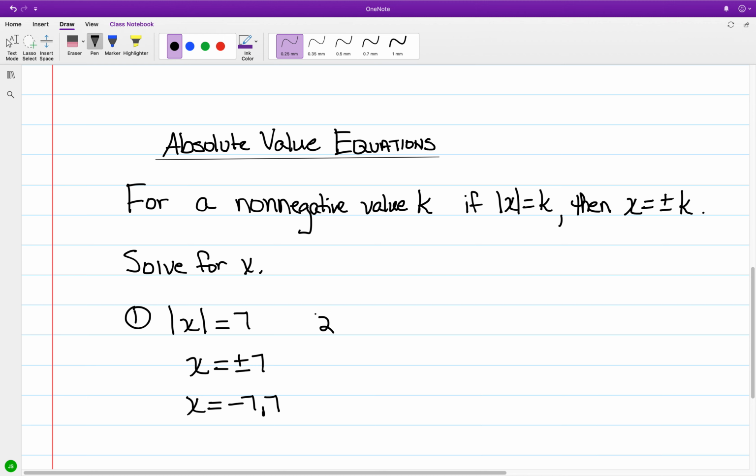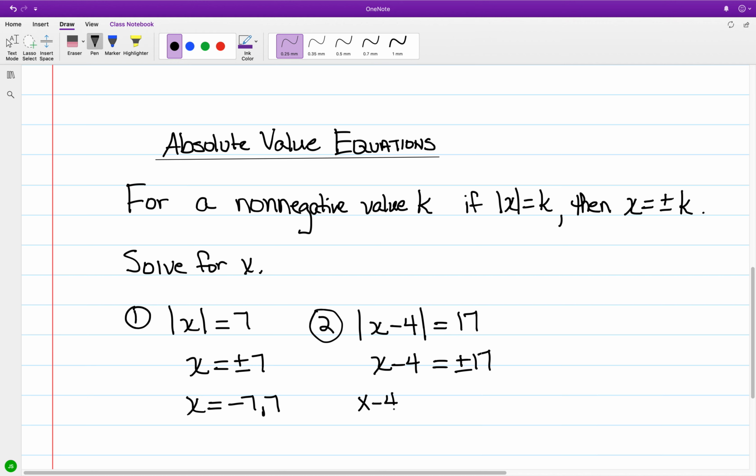Both negative and positive 7 are 7 spaces away from 0 on the number line. Let's say we have the absolute value of x minus 4 is equal to 17. Then we have two numbers with absolute value of 17, one positive and the other negative 17.